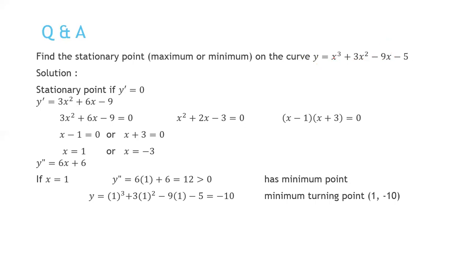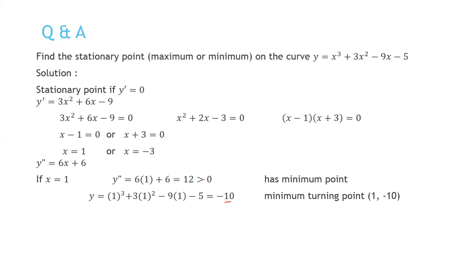After the calculation, we find y equals negative 10. So when x equals 1, y equals negative 10, and we have found the minimum turning point, (1, negative 10).